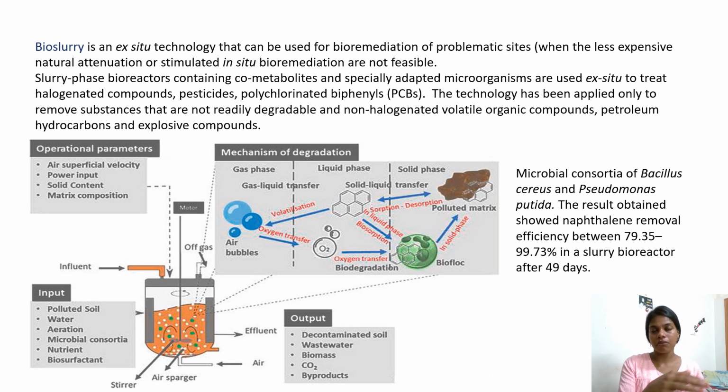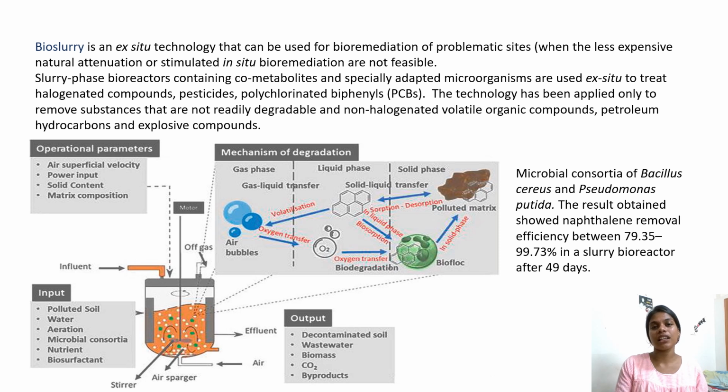In a bioslurry treatment system, there are several nutrients. The nutrients can be added into the bioreactor at definite intervals to enhance microbial activity to degrade the hazardous contaminants. These bioslurry reactors are designed so that we can control and monitor temperature regulation.